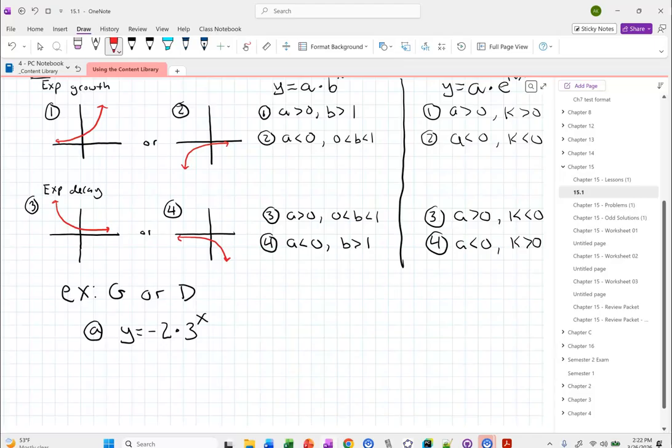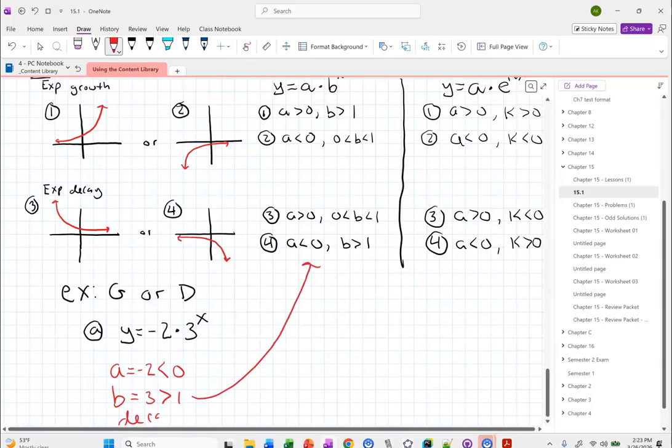So if we have y equals negative 2 times 3 to the x, my a is negative 2, so less than 0, and my b is positive 3, or I should say greater than 1. So it's decay.